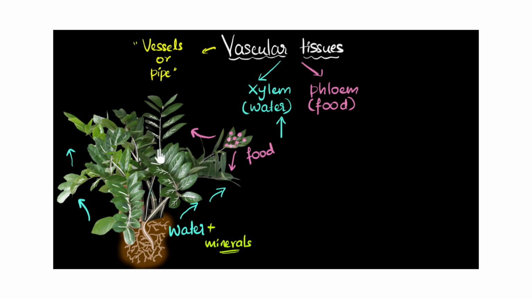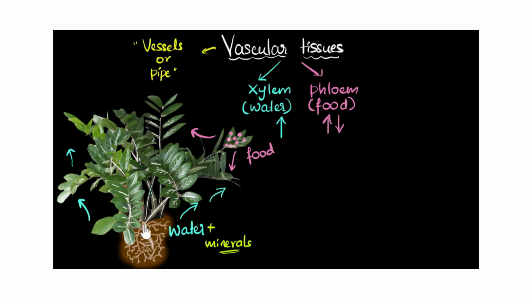Sometimes you would want the food to go up, maybe to the growing areas of the plants. Sometimes you want the food to go down in the roots. That's where the storage organs are, right? So you see, food needs to be transported in both directions. And therefore, xylem is only one-way transport up. And phloem, well, that is a two-way transport. So it makes perfect sense to have two separate vascular tissues altogether.